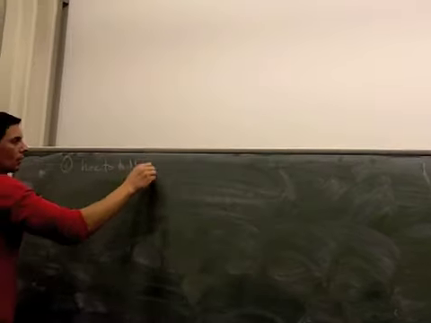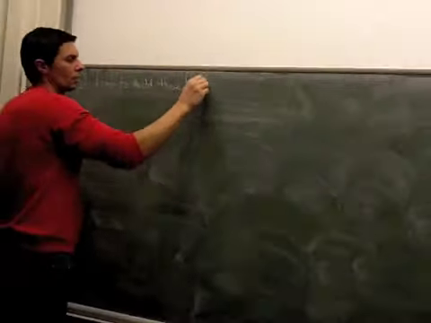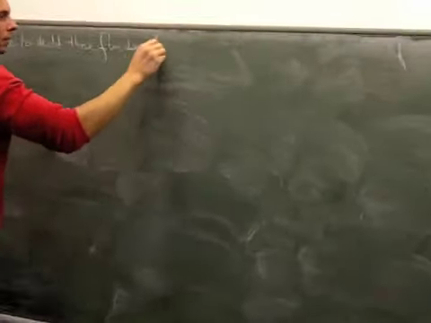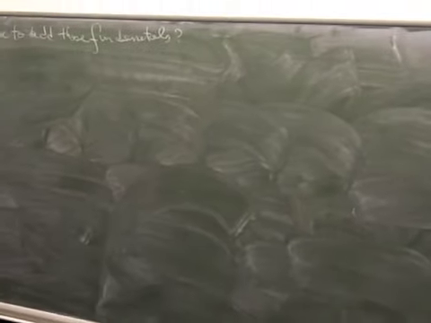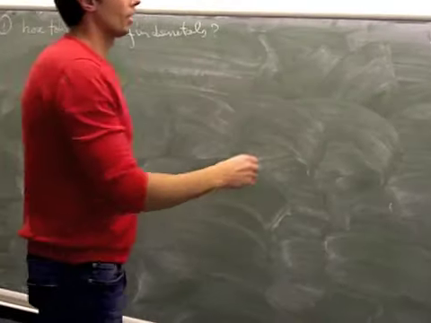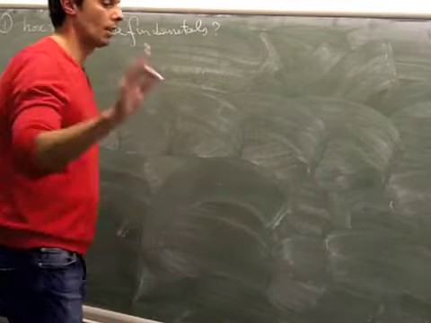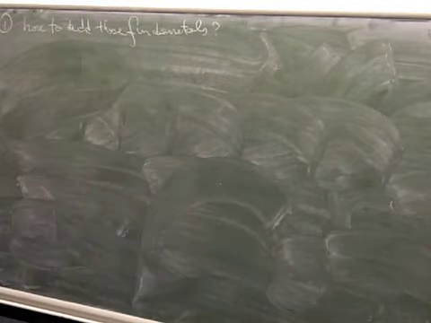So the first thing is how to add these labels. Okay, so that's the first thing: how to add them into the dynamics. Remember that. Okay, let's first think brane-picture-wise about this thing.